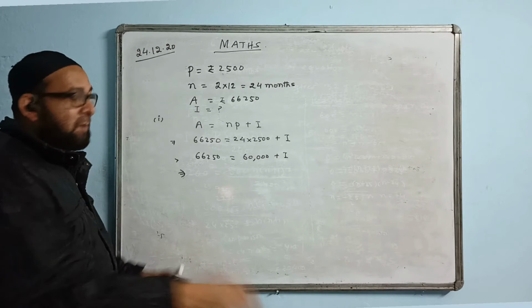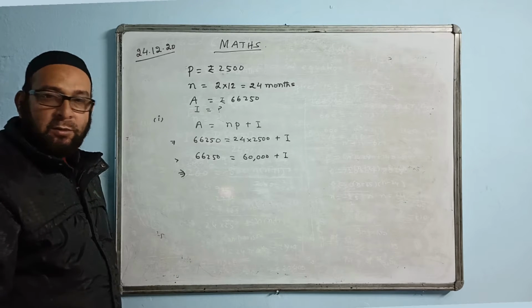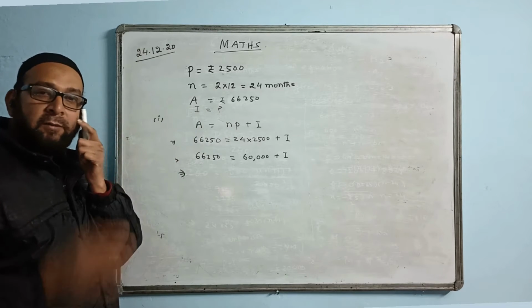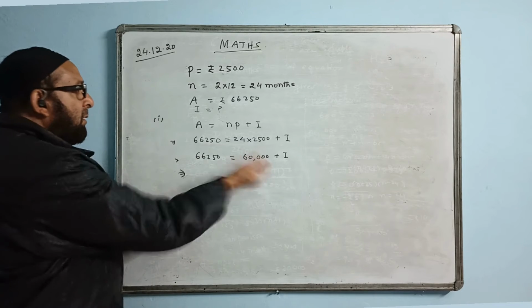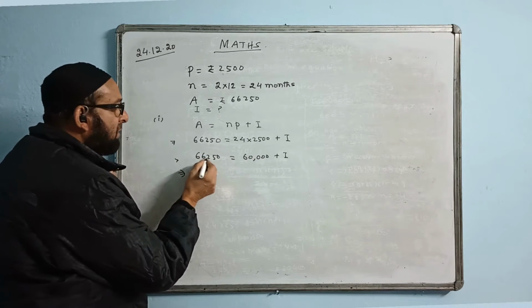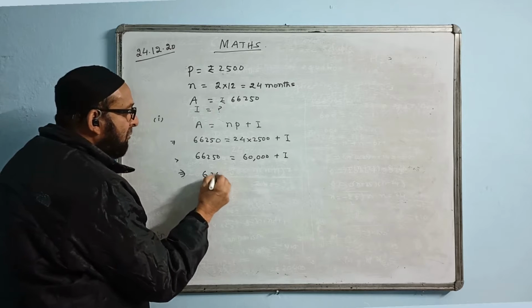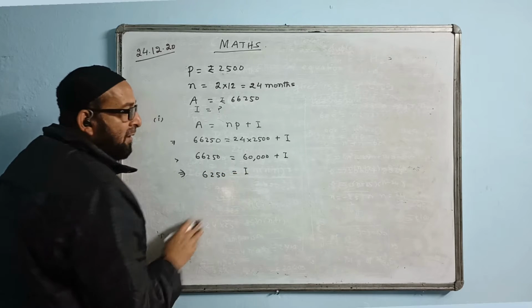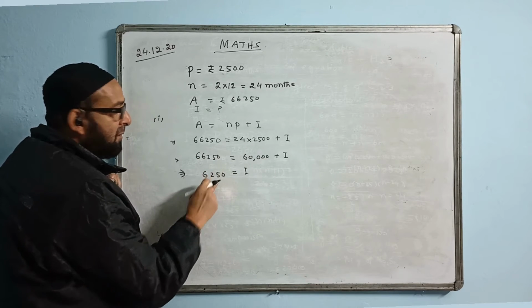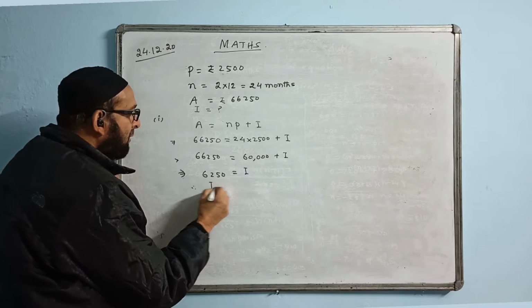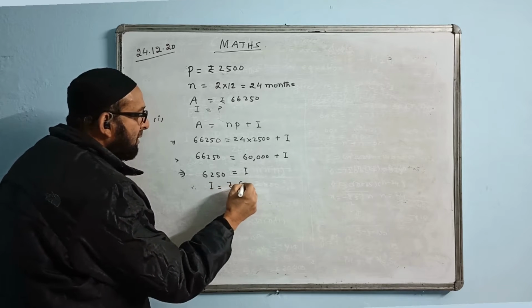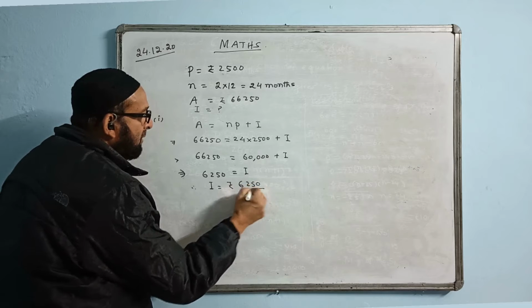I mixed up with the other question. Take the value whatever I have given. 66250. This will come to this side, and we find the answer: this minus this. The answer will come 6250, the value of I. Therefore, the interest is rupees 6250, the answer of the first part.